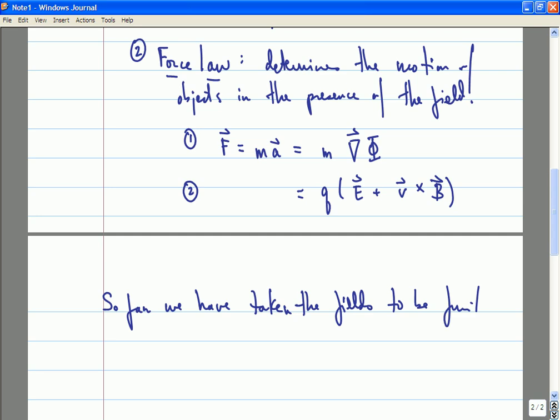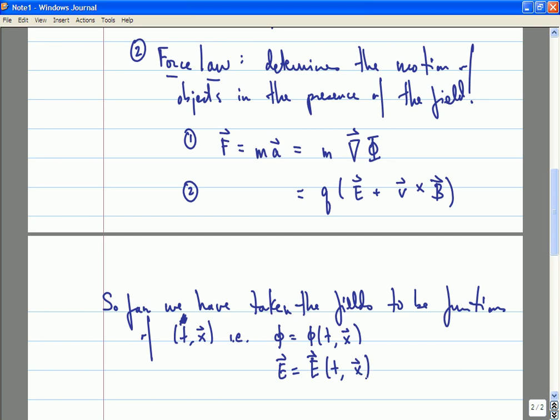So they're functions of t and x. So the gravitational potential phi depends on what time it is and where we're sitting in space. Likewise, the electromagnetic field will also depend on the time and our spatial position.